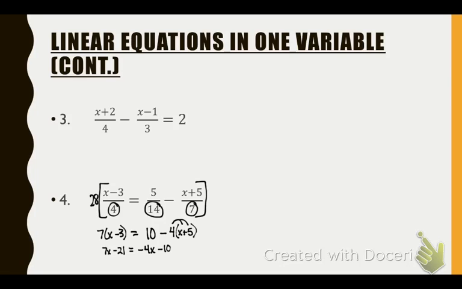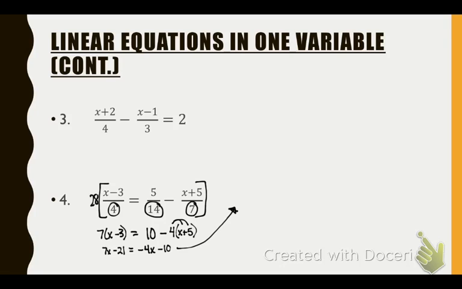Now where did I get minus 10? Well, negative 4 times 5 is negative 20. Negative 20 plus 10 is negative 10. So I just did 2 steps in one, more to save room and save space.